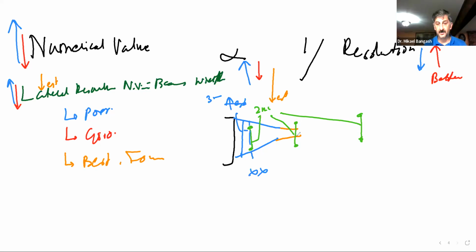The distance between the two structures, which are side by side to one another, is still 2 millimeters. But the width of the beam at this point here is less than 2 millimeters. Let's just say 1.5 millimeters. At this point, the focus, the numerical value is going to be lesser than the distance between the two structures.